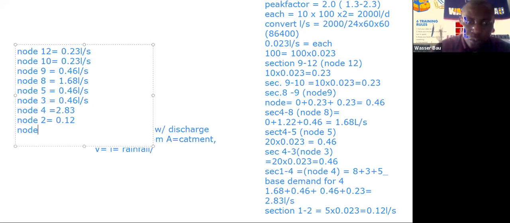Therefore, node 1, we all know what node 1 will be. Node 1 will just be 0.12 plus 2.83. What would that be? 2.95.